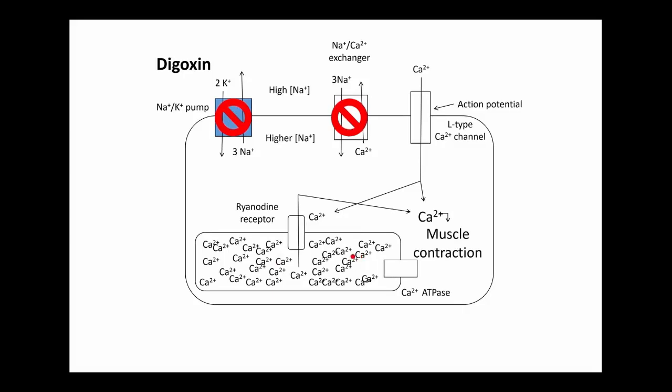But now the key difference is, because the calcium concentration has become much higher inside the sarcoplasmic reticulum, you get a greater release of calcium from that organelle, and that leads to a greater concentration of calcium in the cytosol during systole, and that leads to a greater force of contraction. So the net result is increased calcium, increased muscle contraction, so the contractile state or the contractility of the heart has increased.